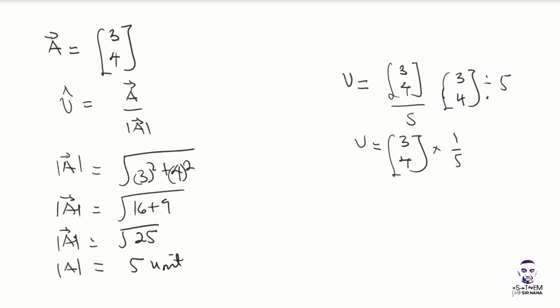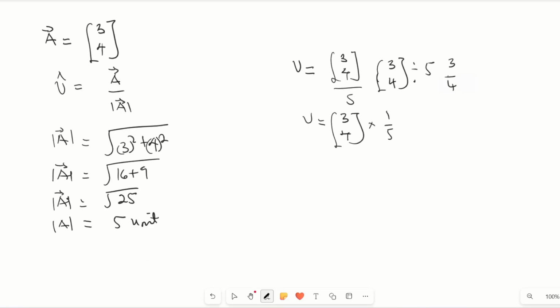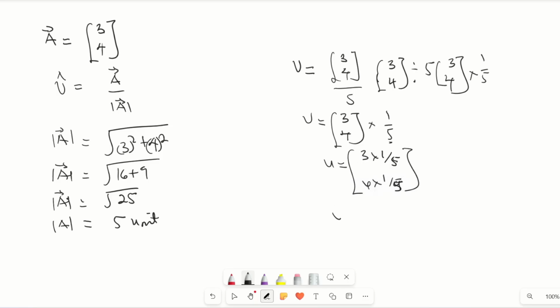Once a scalar multiplies a vector, it multiplies the top and the bottom components. So u becomes equal to 3 multiplied by 1 over 5, and then 4 multiplied by 1 over 5. So our unit vector is equal to (3 over 5, 4 over 5).